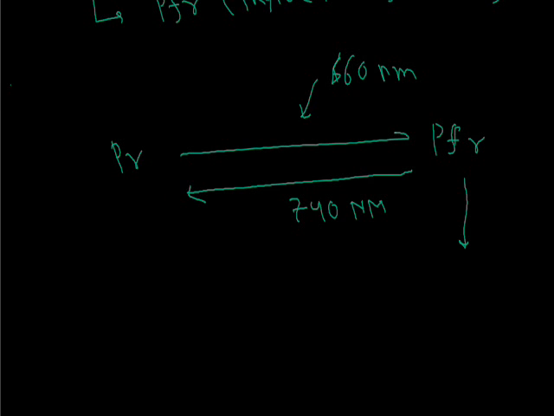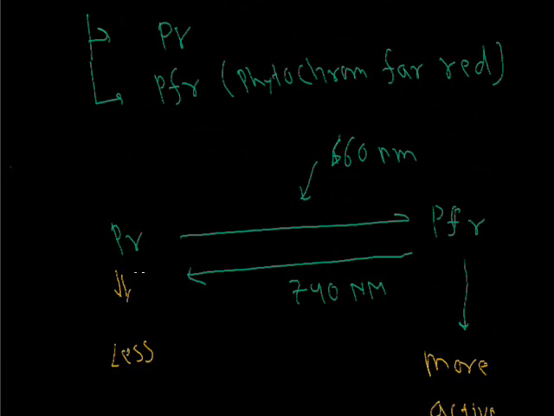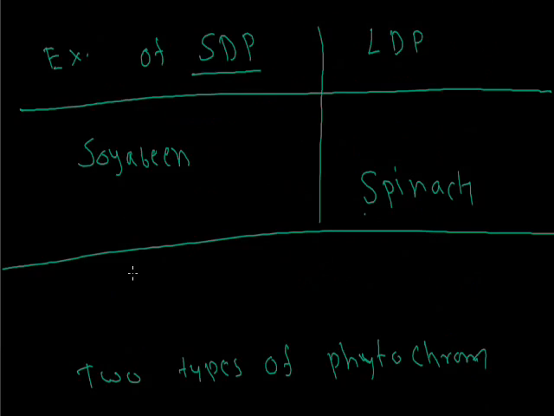Phytochrome far red is more active and phytochrome red is less active. Phytochrome far red is required for the long day plant, and phytochrome red is required for the short day plant.